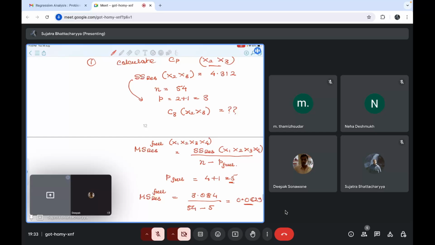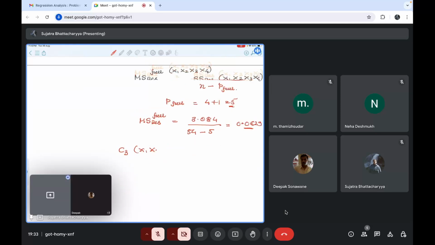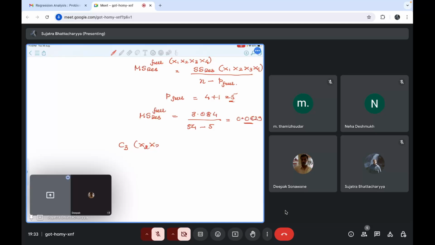We have calculated SS residual for x2, x3. Now we have to calculate Cp for x2, x3. So what will the formula be? SS residual for x2, x3 divided by MS residual for the full model, minus n plus 2 into p.